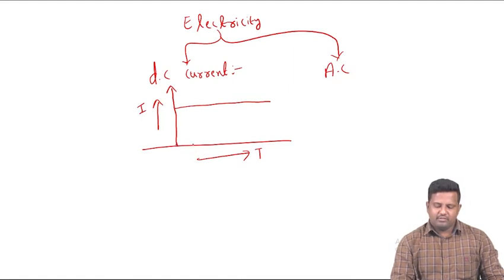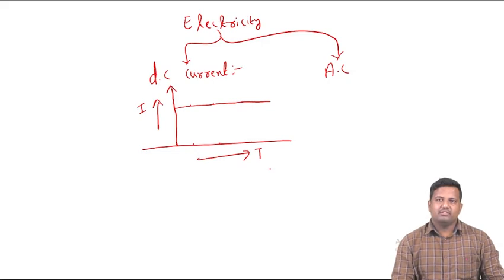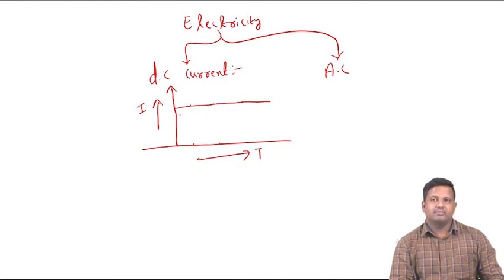At a time equal to this much, this is the magnitude. At time equal to this much, this is the magnitude. In the figure it is very clear: on the x-axis the time goes on increasing but the magnitude of the current is always maintained constant. These kinds of signals we generally call direct current signals. If it is a voltage, it is called a DC voltage signal.